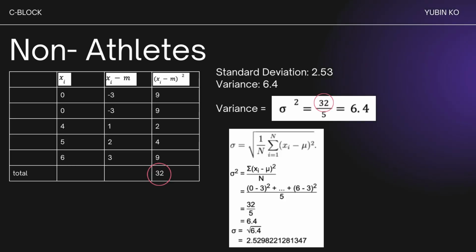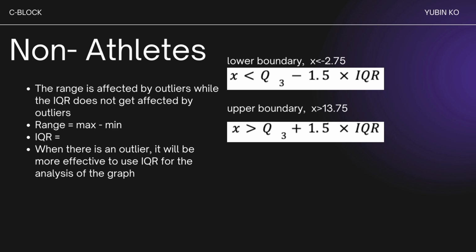The standard deviation is 2.53, while the variance is 6.4 exactly. Also, for non-athletes, the lower boundary is any value below -2.75, and the upper boundary is any value above 13.75. So the data set sits between the two values, so there are no outliers.